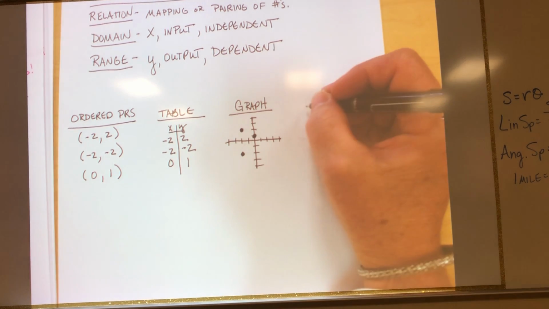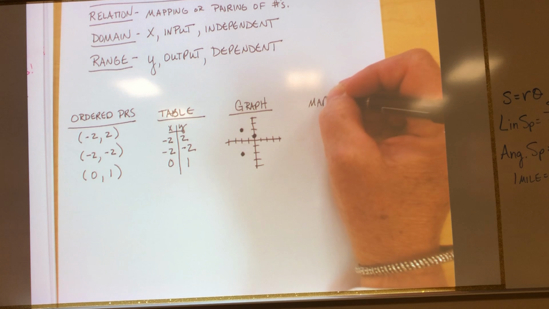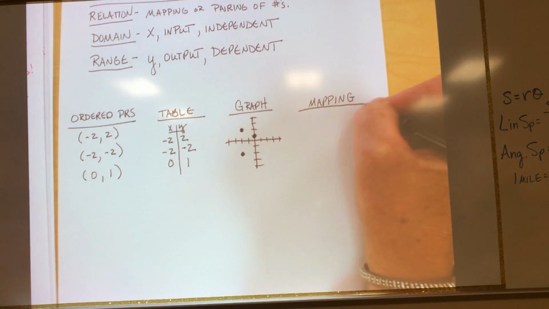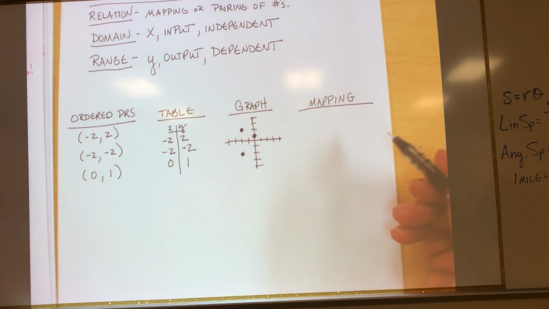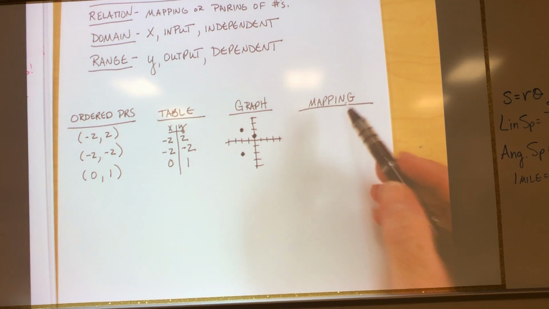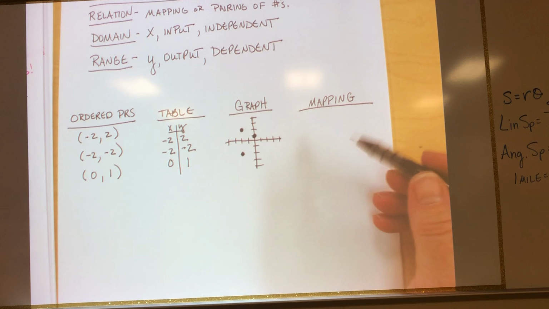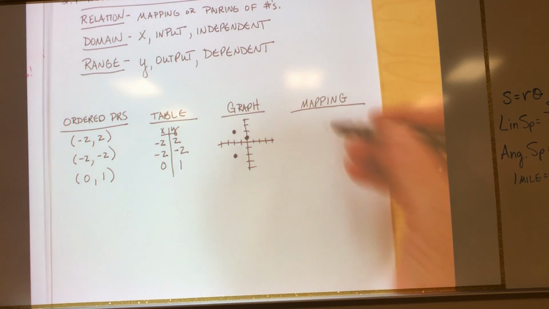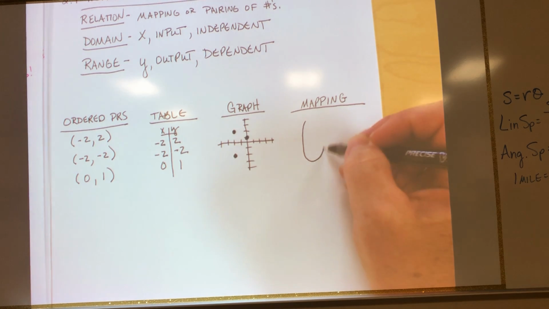Now, the last way we're going to talk about it is what is called a mapping. Now, listen, if I had to pick one of them that kids have a more difficult time with, this is the one that I would pick, okay? You've seen a mapping before. Maybe you didn't remember it was called a mapping, but this is kind of what they look like.